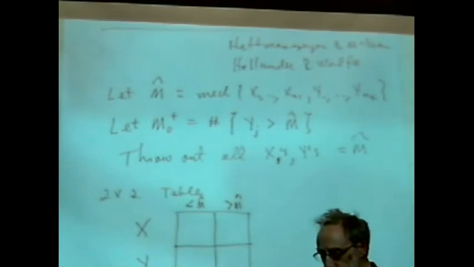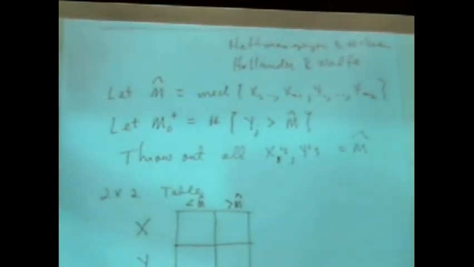And then actually your M sub 0 plus is this square. Remember in a chi-squared analysis, the degrees of freedom are the rows minus 1 times the columns minus 1. Right? There's only one degree of freedom. There's only one free cell.